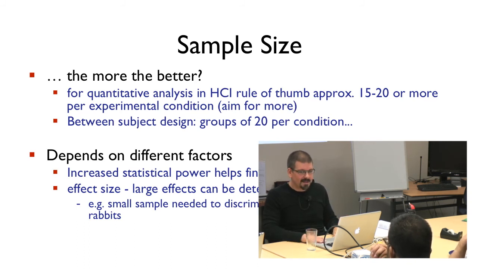Well, in the end, it's not that easy, and it's not a straightforward answer. You sometimes find this rule of thumb in HCI of about 15 to 20. It's a rule of thumb to go by: if I don't have a better idea, go at least for 15 or 20. I would say always aim for more.